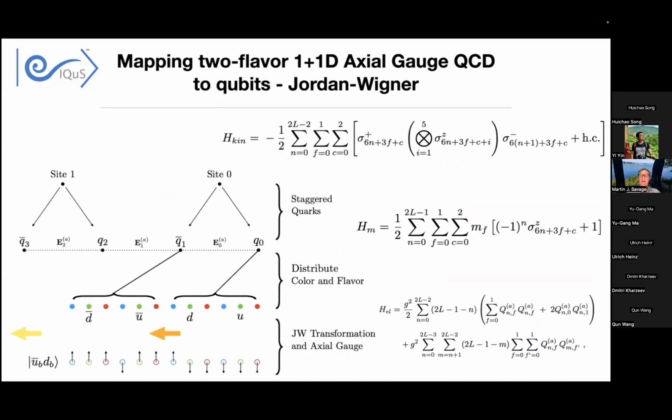So the mapping then, to be more explicit, if you just focus here on the left-hand side. So for instance, the first lattice site has 2 flavors in this example and 3 colors. And so that turns into a requirement of 6 qubits. So one has the up red, up green, up blue, down red, down green, down blue, and then there's the anti-quark partners.